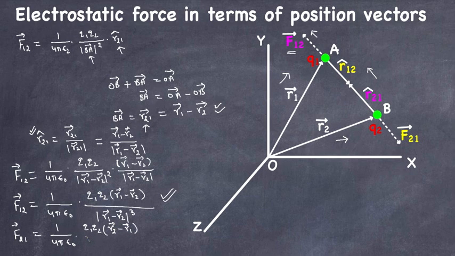You guys can write that down. Similarly, we wrote this part over here, so R2 minus R1 and the cube of the magnitude. There you go. So that is the electrostatic force or Coulomb's force between two charges in terms of their position vectors.